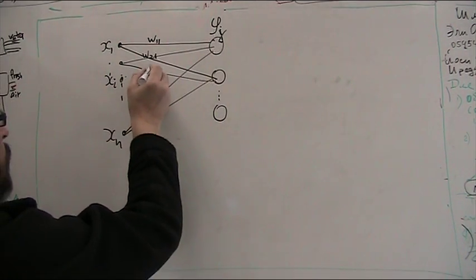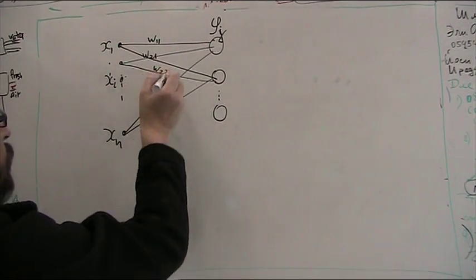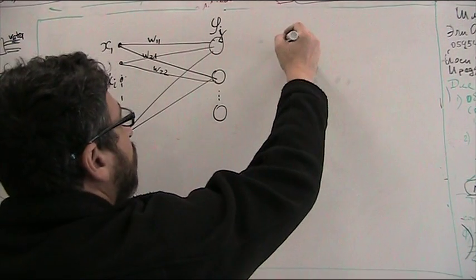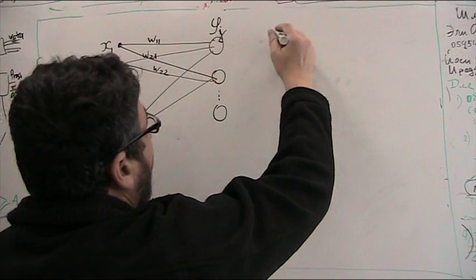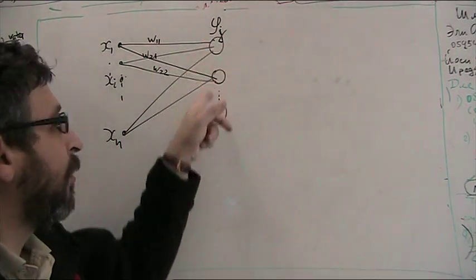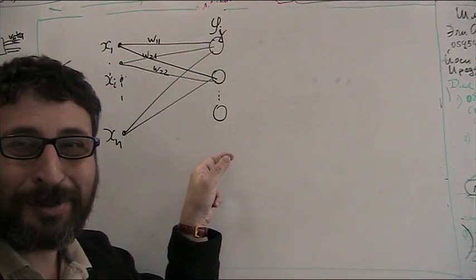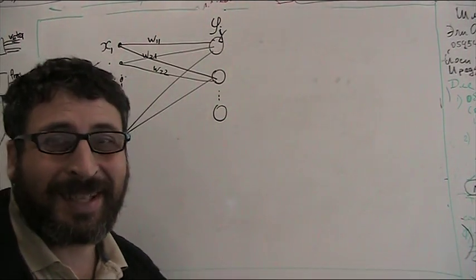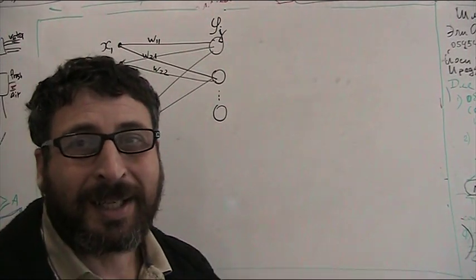For example, this is w22, and so on. And then outputs of the first layer of neurons may serve as inputs of the second layer, and so on.